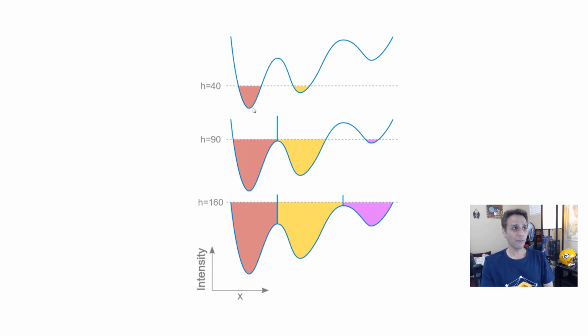So think of this as valleys and hills, or a watershed. You start filling water right here and keep filling it until it touches the other one. At this level, this water touches this water, which means wherever that happens, that's your boundary, and you're separating that. Keep filling it, and at some point you'll have another boundary right here.